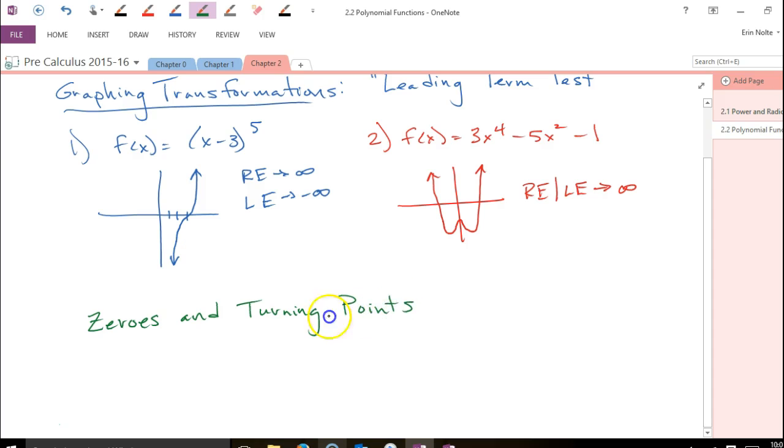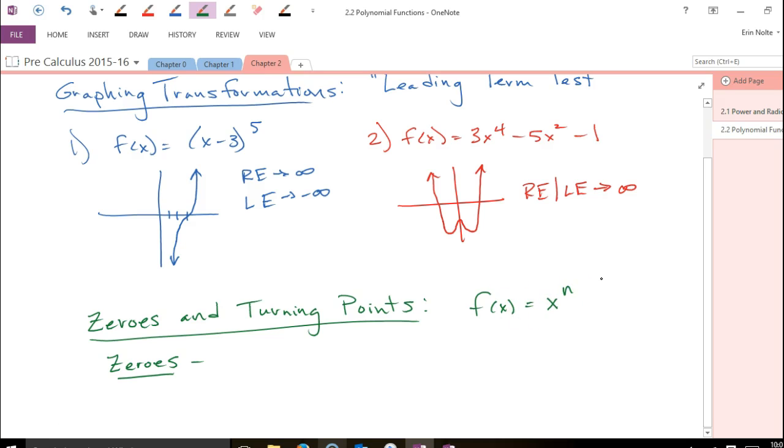Okay, and these two pieces right here are really important in understanding functions. Okay, zeros, what are zeros in terms of the graph? Where it crosses the x-axis. Turning points are just like your maximum and minimum spots. Okay, so by definition, let's say our function happens to be x to the nth power.